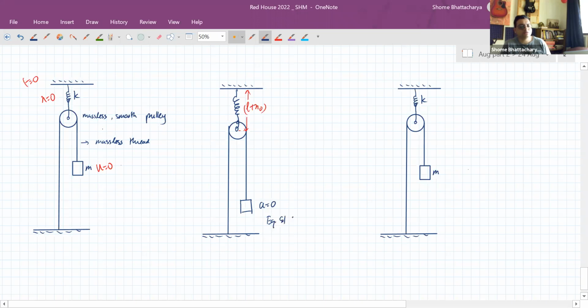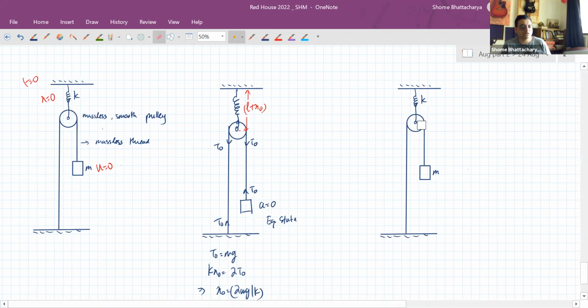So if it's at the equilibrium state, tension is balancing mg. Kx naught is 2 times T naught. So we have X naught is equal to 2 mg by K. Whatever that value is, we can check it out later.